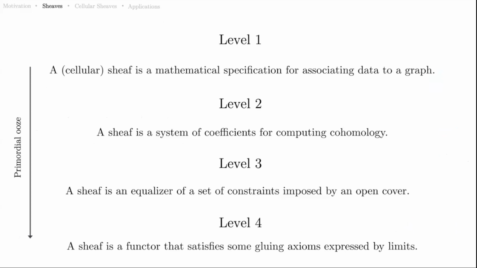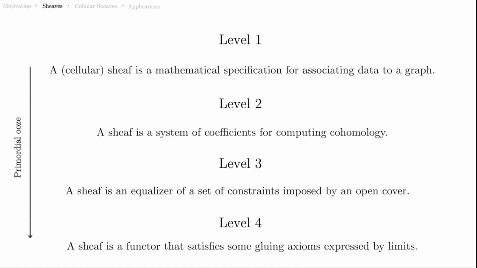Okay, so now I'm going to move into sheaves, just a discussion of sheaves from a very high level. There are a number of different levels at which one could introduce or give a definition for sheaves, and especially cellular sheaves. I've ordered these by the categorical primordial ooze that's needed to understand them.